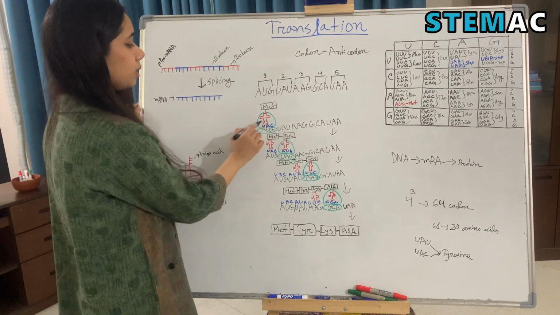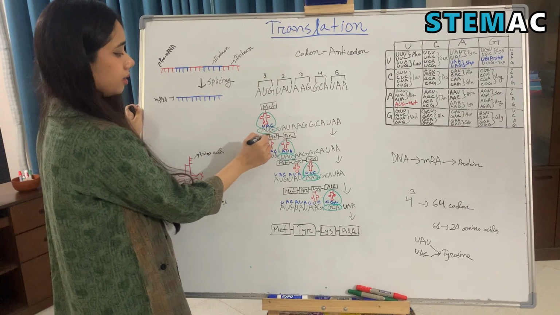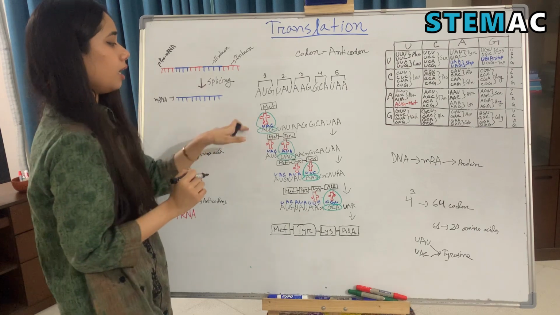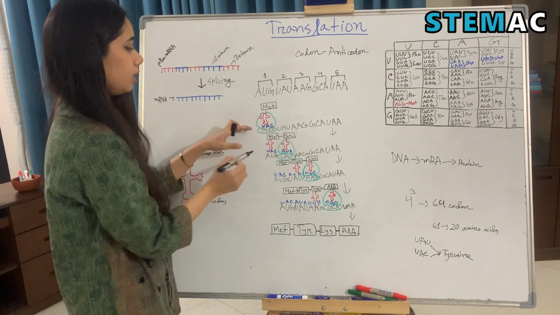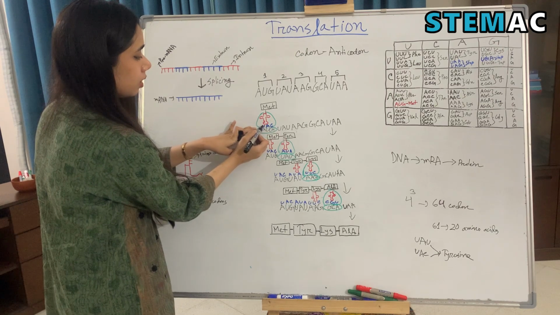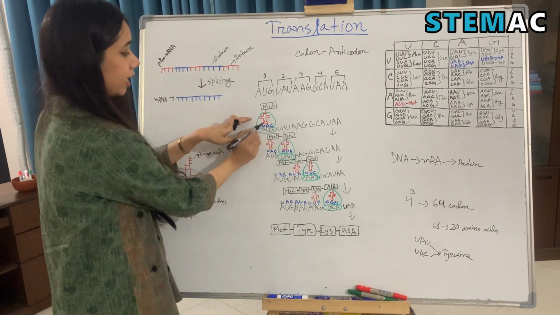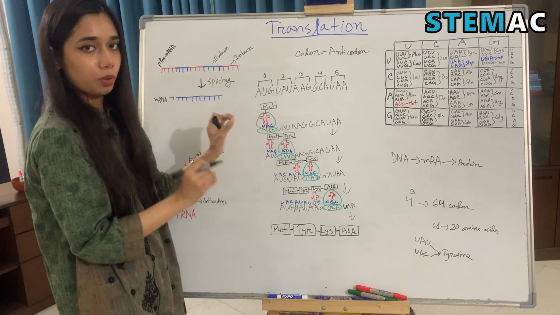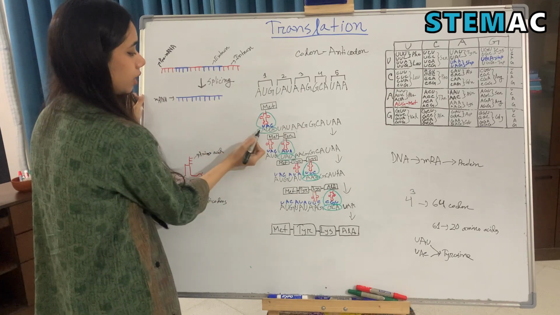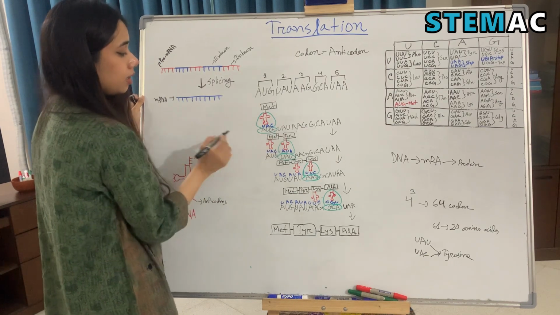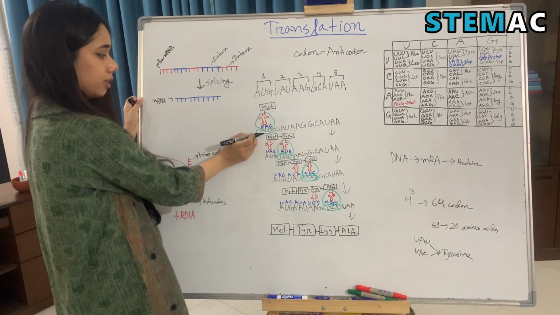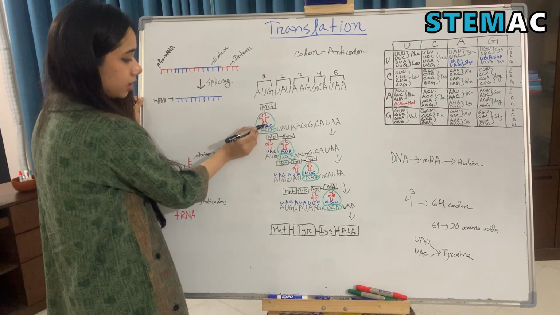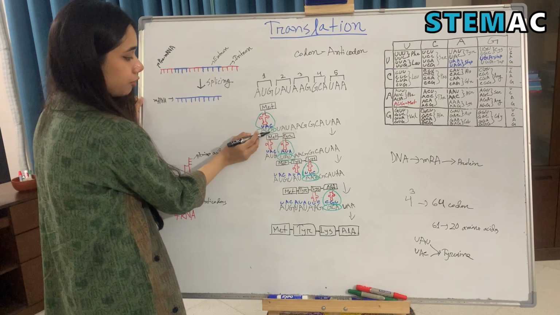When a ribosomal unit comes and binds to the start codon, an initiation tRNA will also come, and they will attach the anticodon with the complementary codon. So if there is AUG, the anticodon will be UAC, because uracil for adenine, adenine for uracil, and cytosine for guanine, okay?